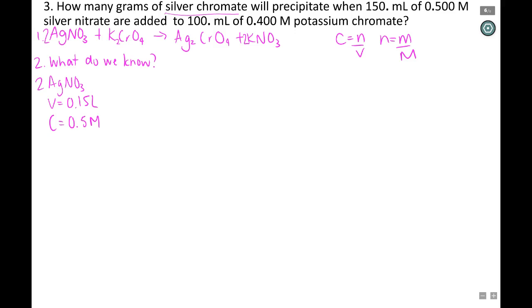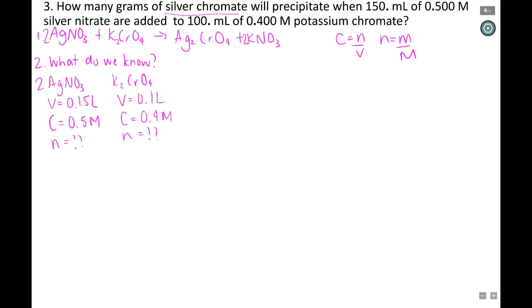Now for our potassium chromate, we know our volume, which is 0.1 litres, and we know our concentration, which is 0.4 mole. We don't know N for either of these.